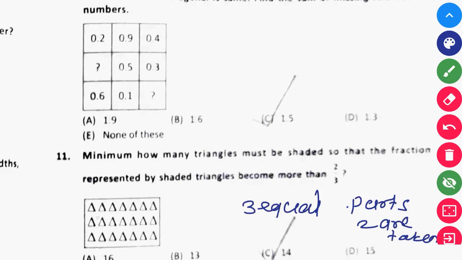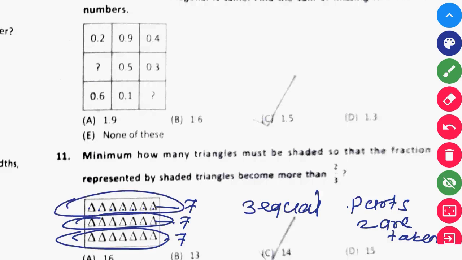Now here triangles are given. How many triangles are here? 1, 2, 3, 4, 5, 6, 7 in one row, 7 in another row, 7 in the third row. Now 3 equal parts means this is one part, this is another part, this is another part. Okay.